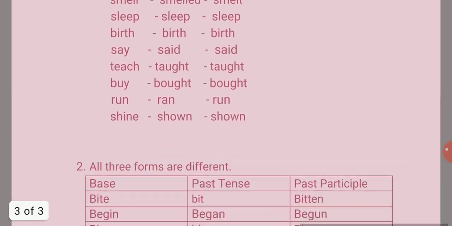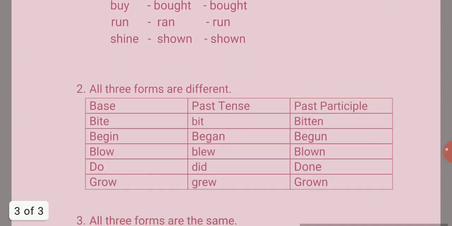Then there is another way of changing the base form: it changes in three different ways. That is, the base form of the verb is bite, it changes in the past tense to bit, and it also changes in the past participle to bitten.